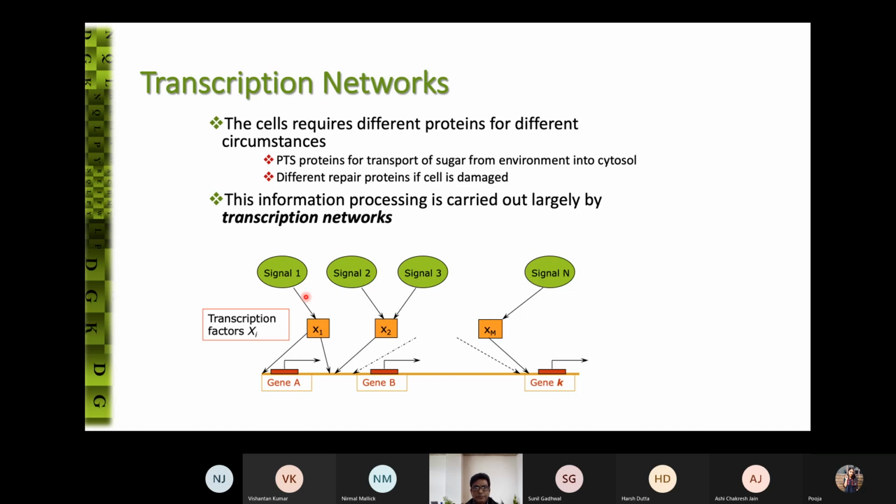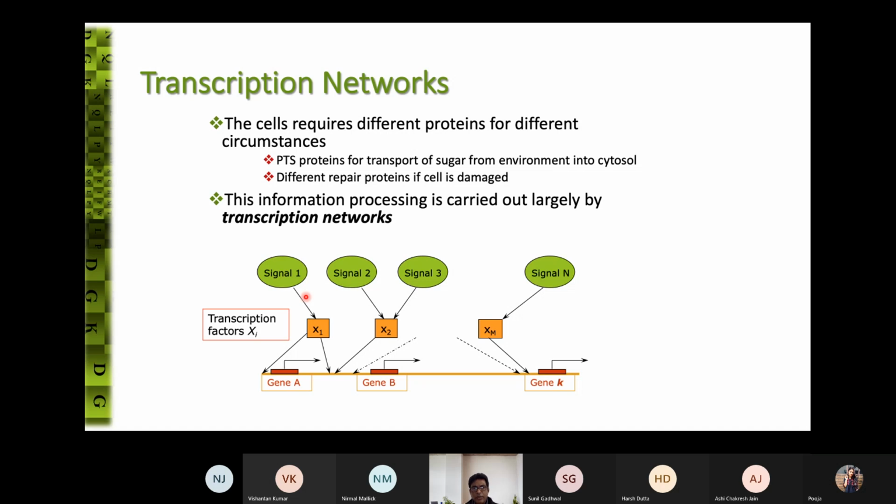Now, what you see here is an example of how signals can affect genes. What we have shown in this figure is that there are n number of signals, which go through some transcription factors, which are m in number, because there could be some common transcription factors. And then you have genes which are being activated, or sometimes they could also be inhibited.